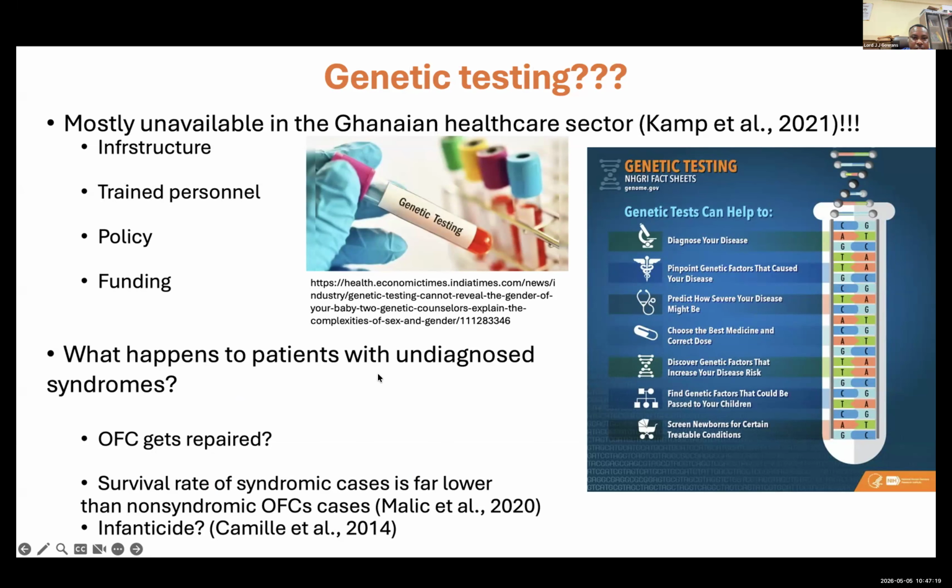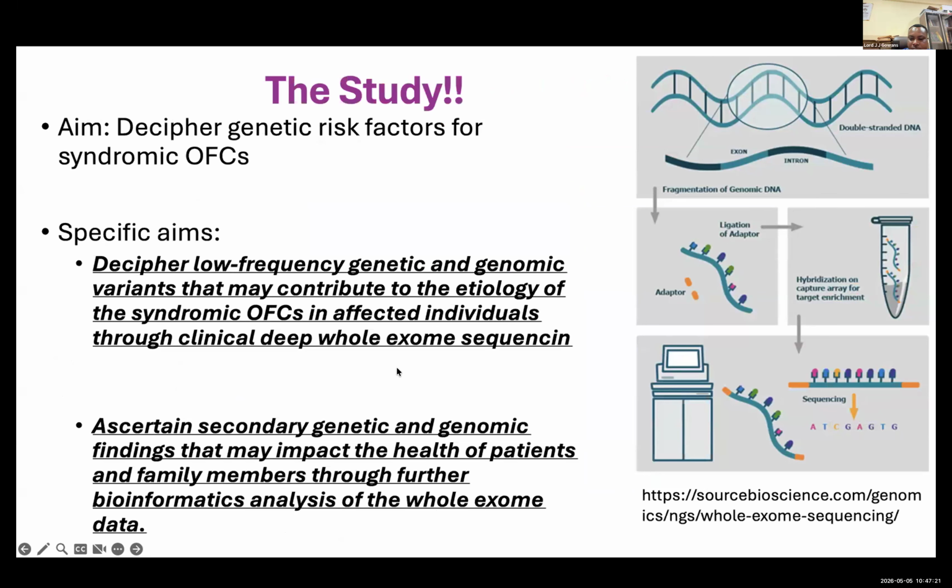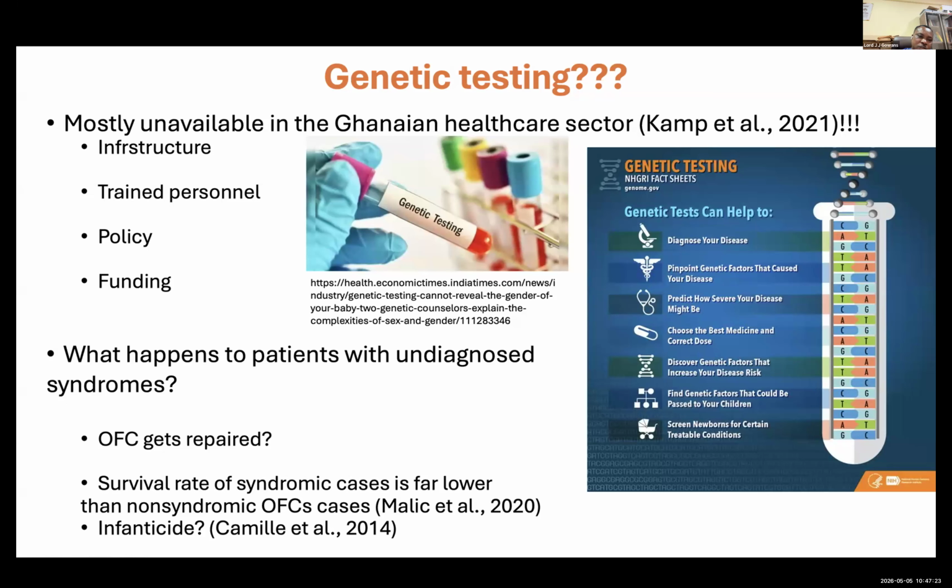So in our cohort, apart from Van der Woude syndrome, which is easy to be certain about, for a few other syndromes we don't do any genetic testing to confirm them. The trouble has been that, for a lot of the syndromic cases, we hardly get to do the repair, because hardly do they survive to the time when the repair is done.